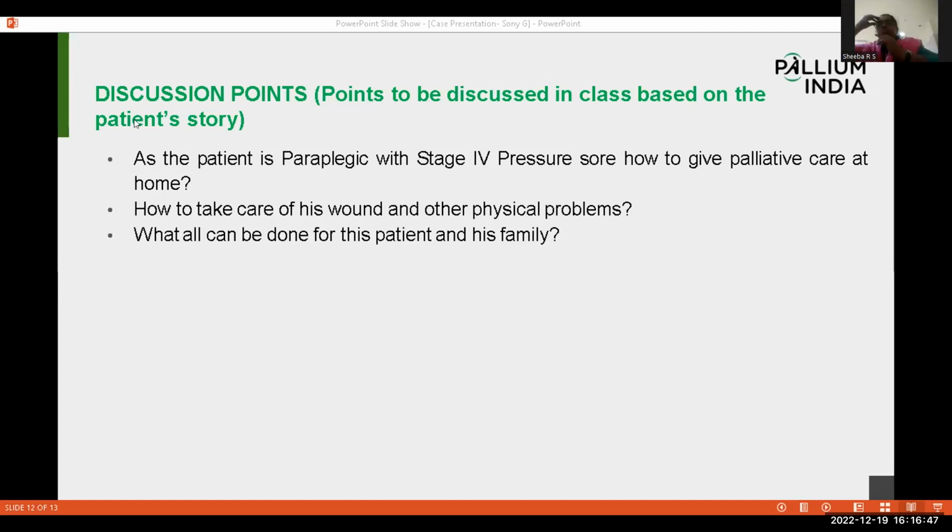Okay. Any other opinion? Any other suggestions? The frequency of changing dressing will depend, of course, on the condition of the wound and how much it gets soiled. So it will always go with that.